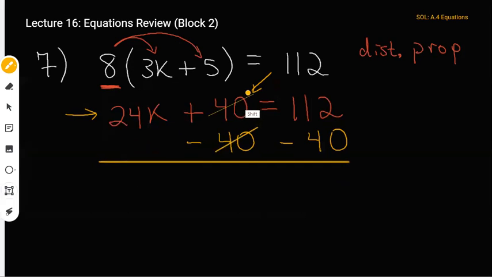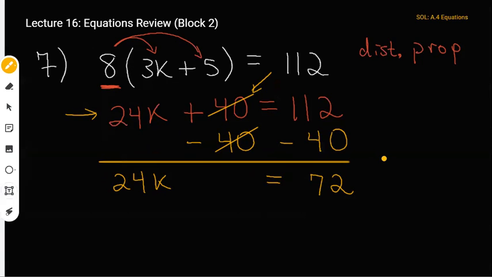So these are going to cancel out. I'm only left with the 24k on the left side. But on the right side, I'm going to have 72, because that's 112 minus 40.